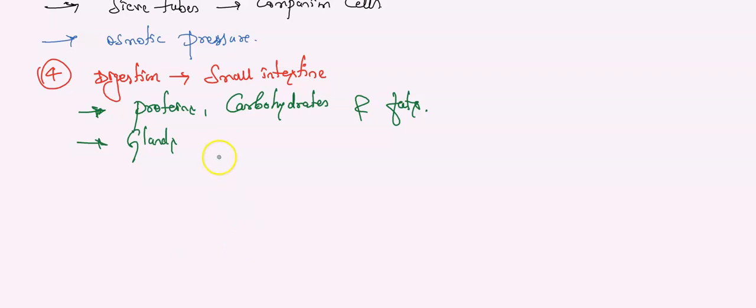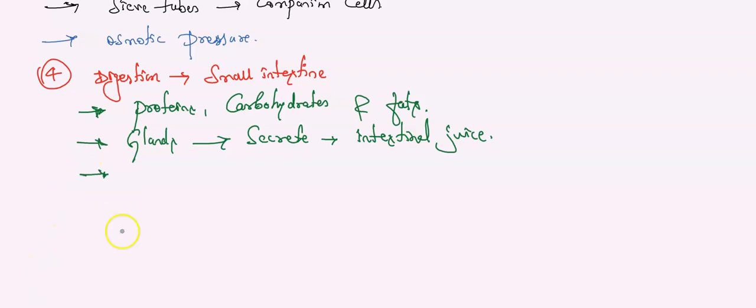Glands present in the walls of the small intestine secrete which juice? Intestinal juice. Are you getting? They secrete what? Intestinal juice. Is this clear? Glands present in the walls of the small intestine secrete intestinal juice.